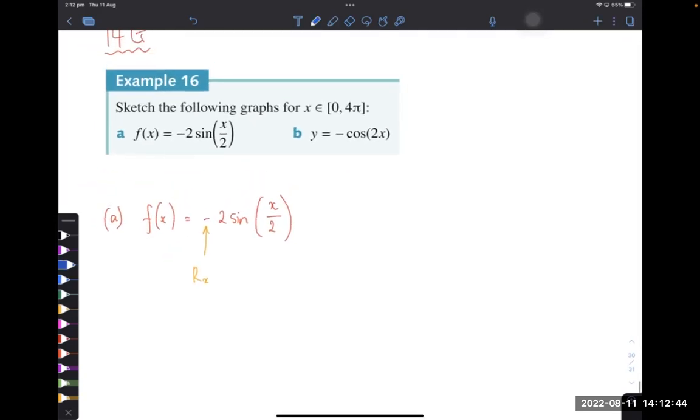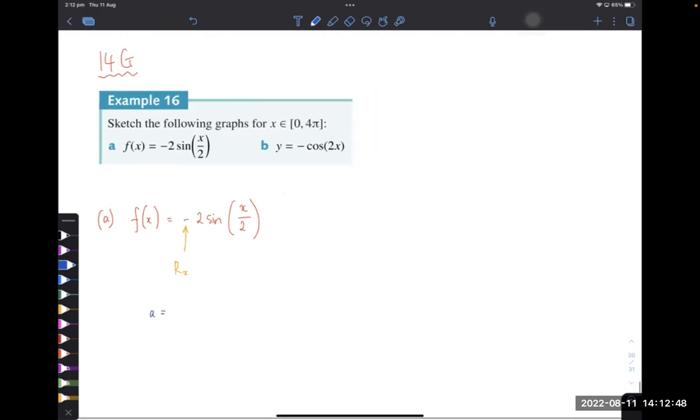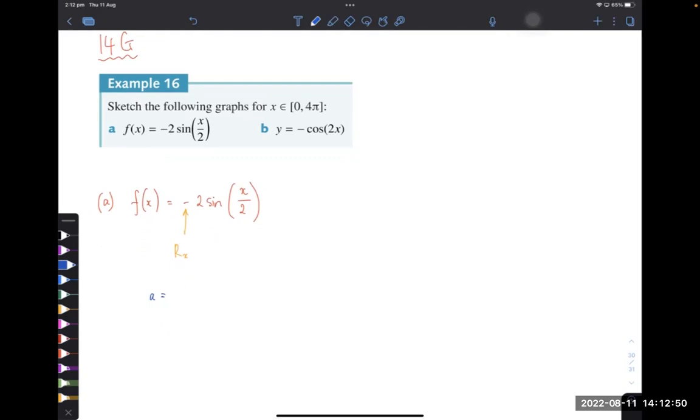What's our amplitude? So get used to writing the amplitude and the period now, yeah? Amplitude is? 2. Period is? 2 pi over n, which is 2 pi over a half. So 4 pi. What's our domain for the graph that we need to sketch?